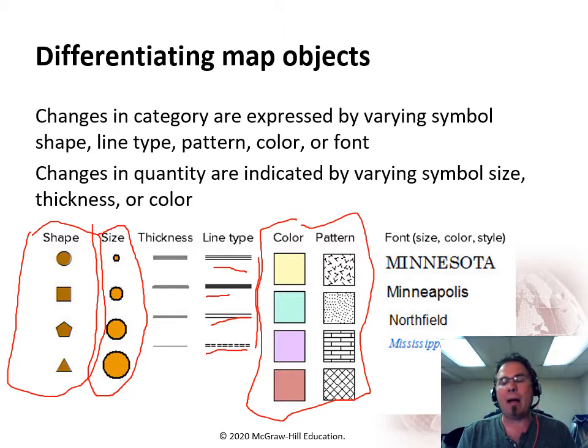And then on top of that, you could differentiate, like I said, with size, color, and style. So all of these things for points, lines, polygons, and fonts, you have to make a decision. It takes a little bit of practice, but as you do it more and more and more, the decisions become much easier, and you'll start to understand there's sort of a pattern to your patterns, so to speak.